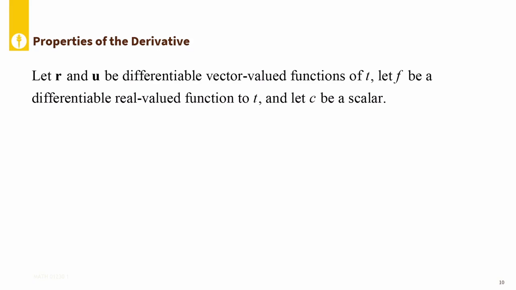And let c be a scalar. Well, the scalar multiple rule is the same. Multiply a vector by a scalar and take its derivative. It's just the scalar times the derivative of the vector. That shouldn't be too difficult to prove.